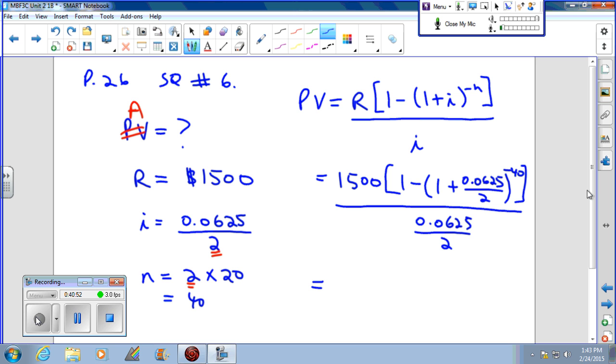Then 1 minus that, times 1500 times 2, and then divided by 0.0625. And indeed, I got the same answer as they showed at the back of the book.